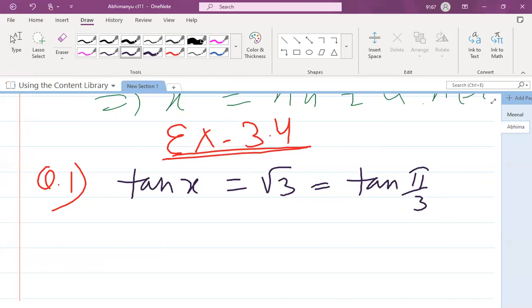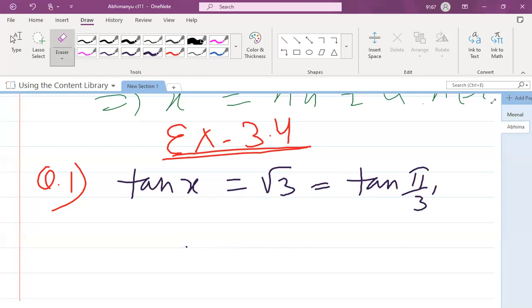So we take tan x equals tan pi by 3, and from here we find the principal solution. For the principal solution we have to look for other solutions as well from 0 to 2 pi, in one revolution. In the first quadrant and third quadrant tan has positive values.